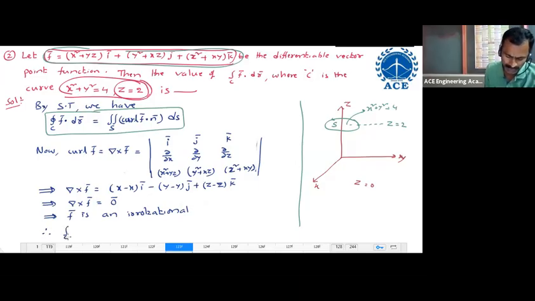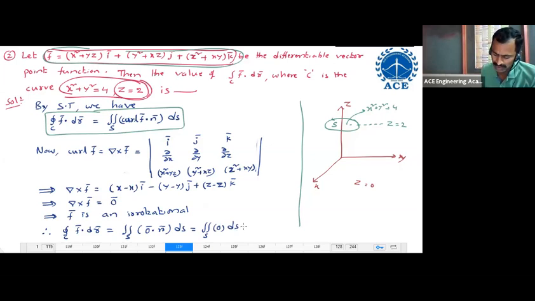Therefore, integral over C f bar dot dr bar equal to double integral over S in place of curl 0 bar dot n bar ds equal to, if we find the dot product of any vector with a 0 vector, that is 0 only. Double integral over S 0 ds equal to 0. That's all. This is the advantage of the Stokes theorem.